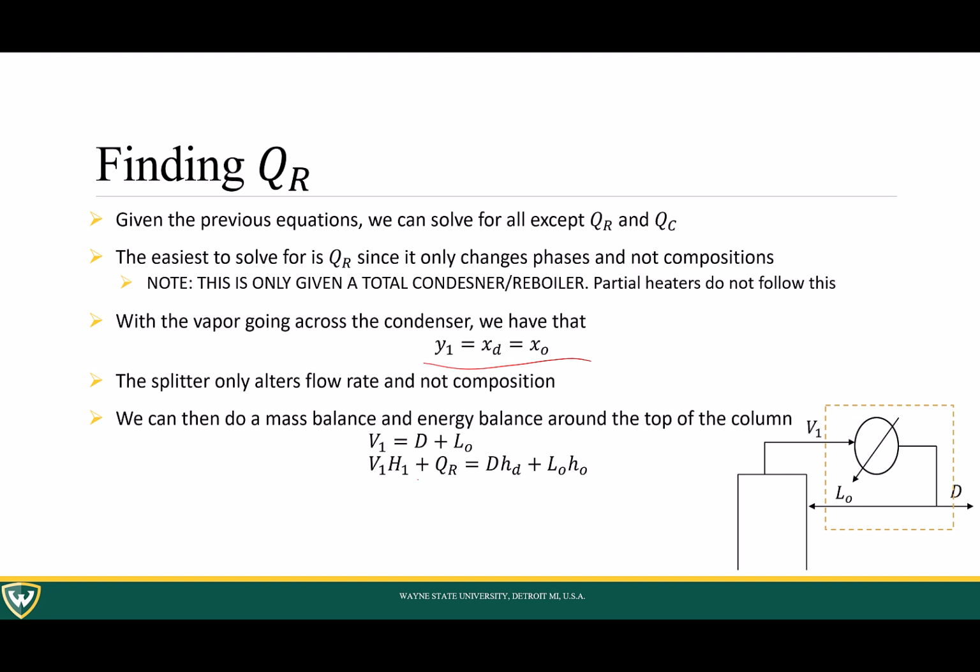If we're looking at the energy balance, it's the enthalpy coming in, which is our vapor. Enthalpy coming in, or work being done onto the system, is our reboiler. And then we have distillate enthalpy coming out, and we have liquid reflux enthalpy coming out of the envelope as well. So from there, we're able to figure out the heat of the reboiler. We can just say that QR is equal to D HD plus L naught H naught minus V1 H1.